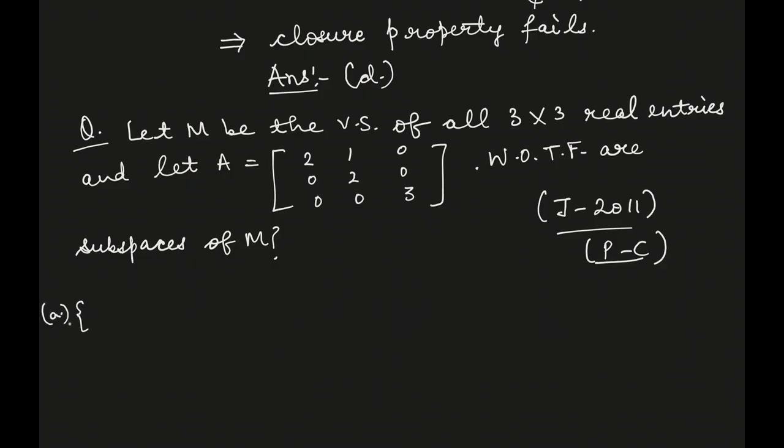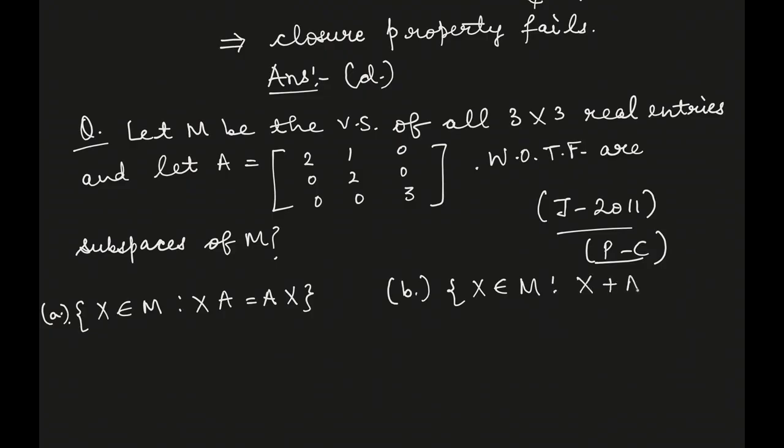A part: X belongs to M such that XA is equal to AX. B part: X belongs to M such that X plus A is equal to A plus X. C part: X belongs to M such that trace of AX is equal to 0.